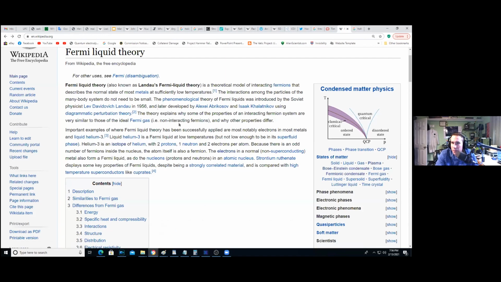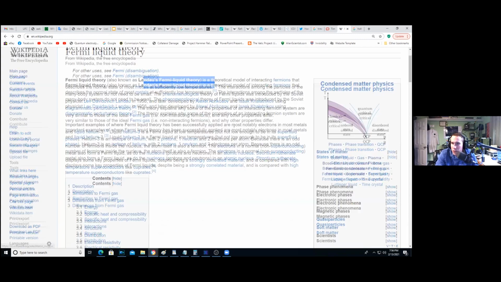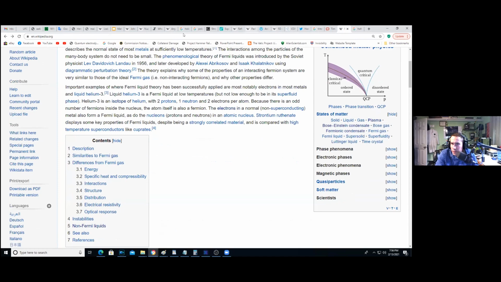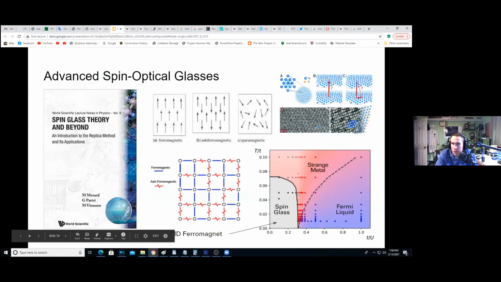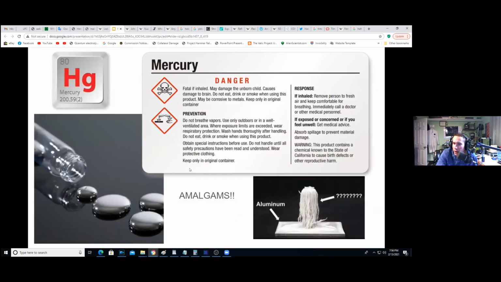And this is all in Landau's Fermi liquid theory, which you can look up. But it's basically a whole new state of matter that is yet to be explored. It's very cutting edge and new, and there might be some interesting things to explore in there.